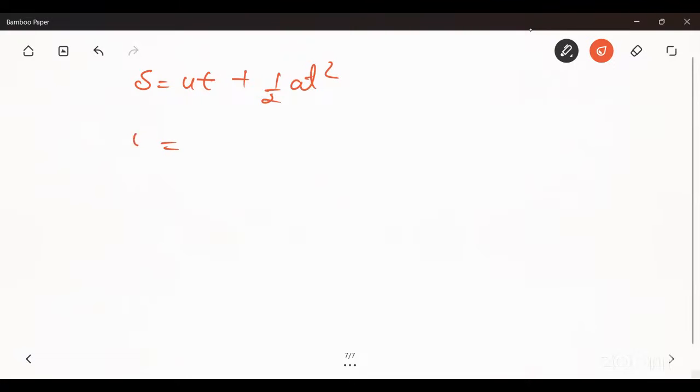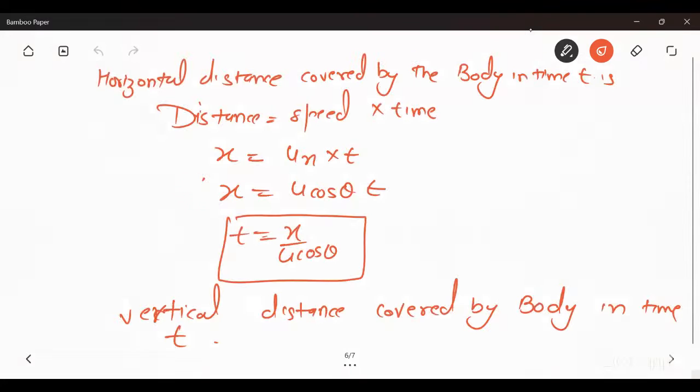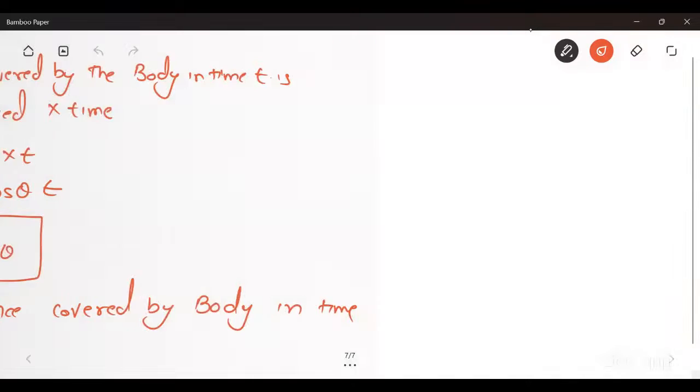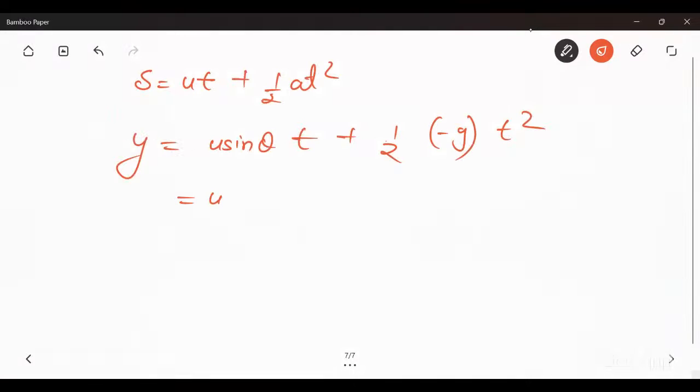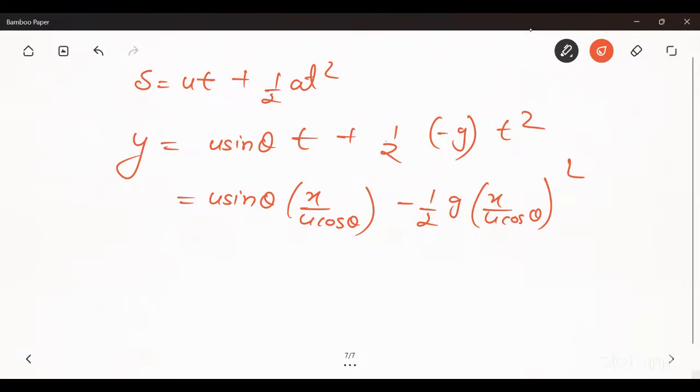Here s is the vertical distance, u is u sin theta into t plus half, acceleration is minus g into t square. And what is t? t is x upon u cos theta. So u sin theta into x upon u cos theta minus half g into x upon u cos theta whole square.